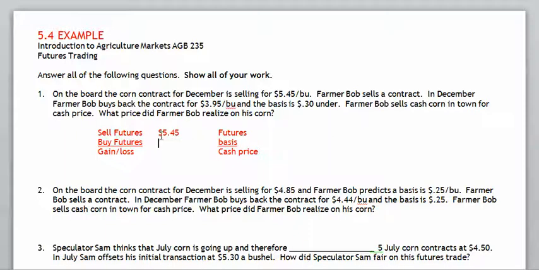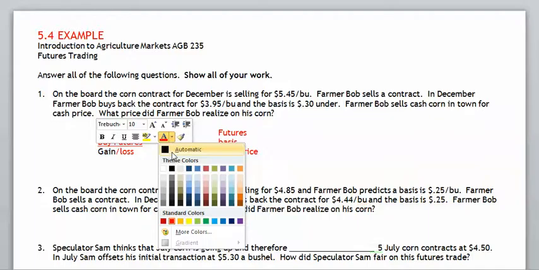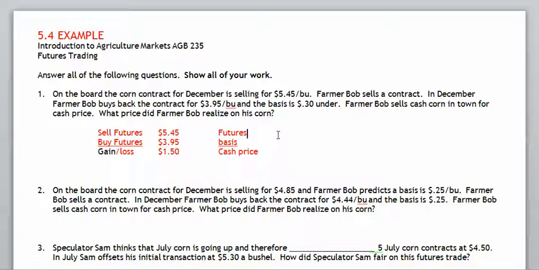So our initial move was to sell futures at $5.45. We later buy it back for $3.95. That's a gain. We bought low, we sold high. We gained $1.50. We gained $1.50 there.